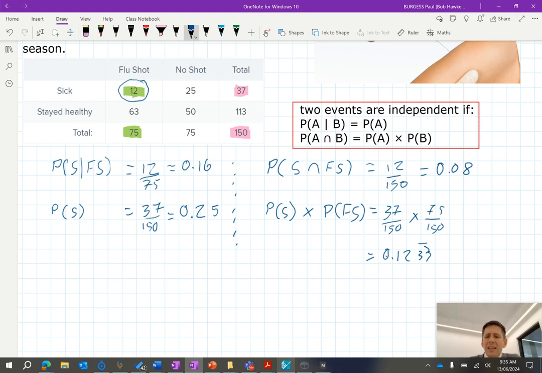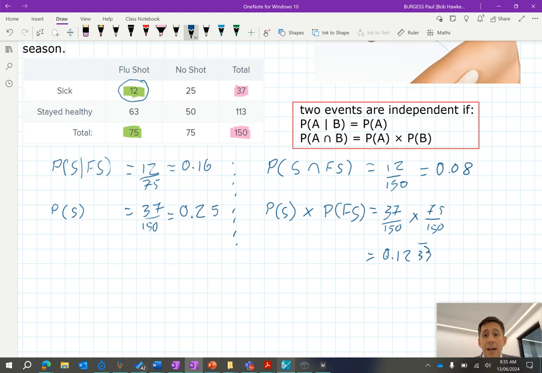Given that we're dealing with actual observed data, it might not be exactly the same. So you're going to ask, are they roughly the same? I would say they're not. 0.123 recurring is more than 50% greater than 0.08. It's quite a big difference. So that difference is definitely statistically significant. And remember, you'll do proper work with proper statistical significance in Year 12.